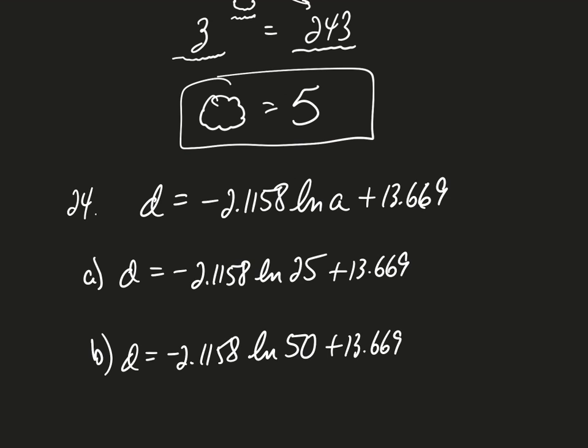With all that explanation, what it comes down to is, can we do the computation? Can we use our calculator to punch out all of that arithmetic? And it's fairly easy. We just put in negative 2.1158 times the ln of 25 plus 13.669.